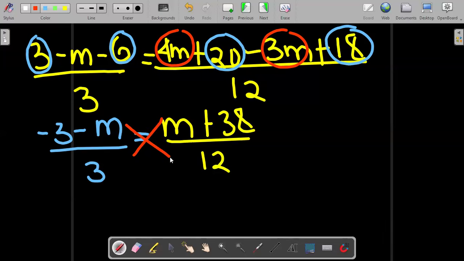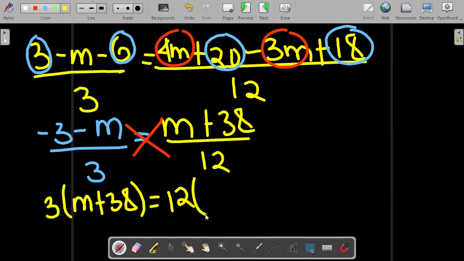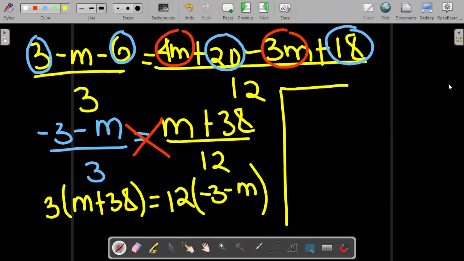So if I cross multiply, I'm going to have 3 brackets m plus 38 is equals to 12 brackets minus 3 minus m. So what happens from here? I will open the brackets. 3 times m will give me 3m plus, then let's open the other bracket. 3 times 38.